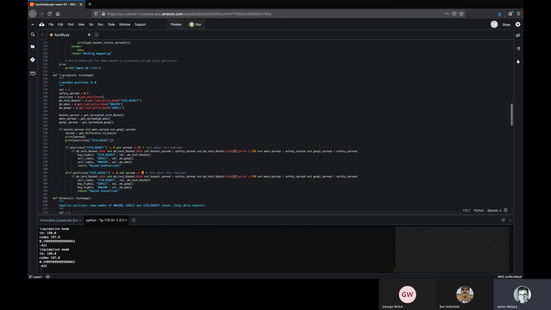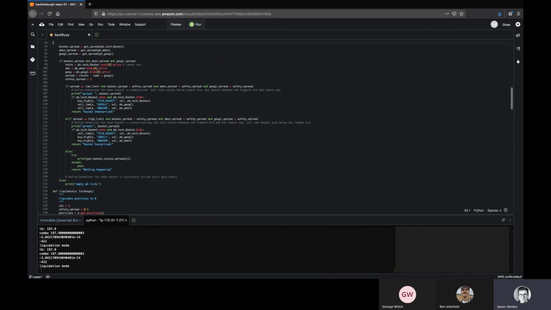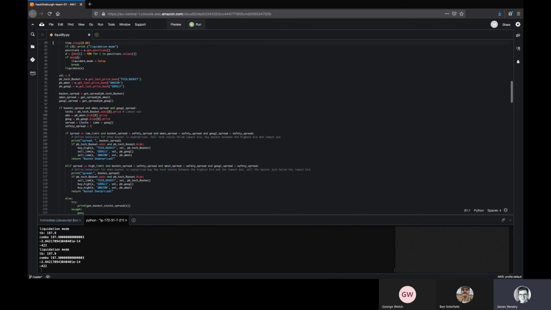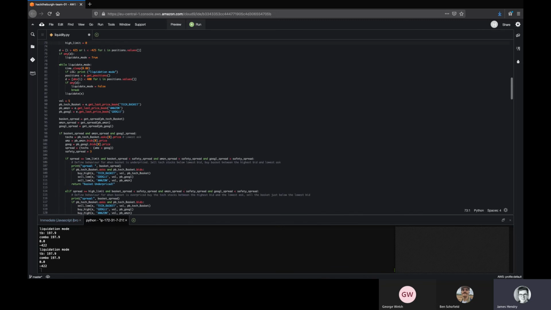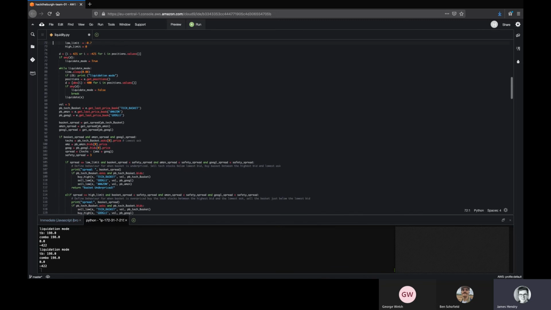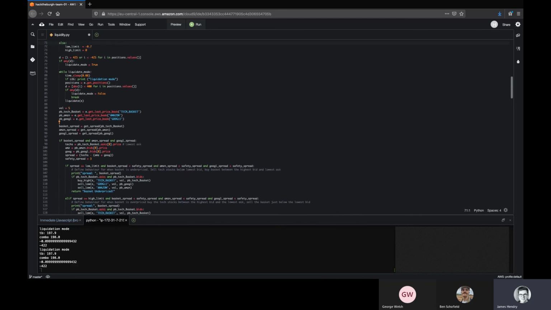Then if we go back up to where we first call the liquidate function at line 87. So when we're buying, we have a volume of 5, which you can see on line 89. We get the price books for all the different trade commodities, and then we get their spreads.